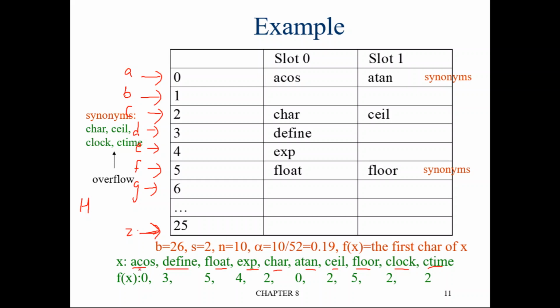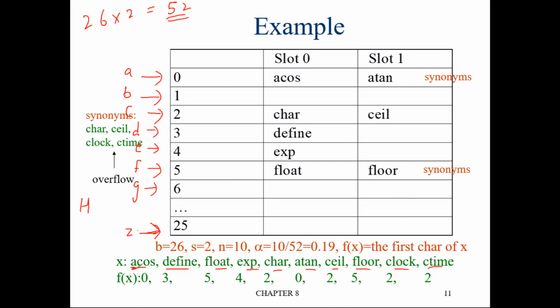So these are the functions which you want to map to the hash table, and each bucket contains two slots. So totally the hash table can hold how many entries? There are 26 buckets and each bucket can hold two slots, so 26 into 2, it can hold 52 entries. First is acos.